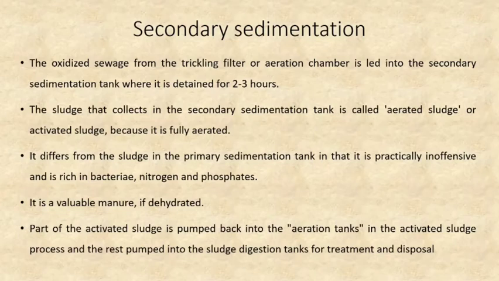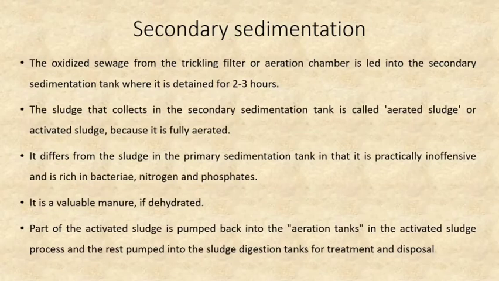Means after aeration or after oxidation, that sludge is allowed to sediment in a secondary sedimentation tank. Here the sludge which is formed is inoffensive and it is rich in bacteria, nitrogen and phosphates, and it is very valuable manure.